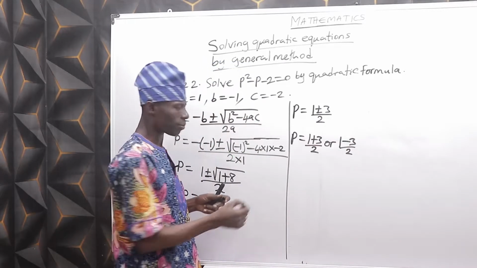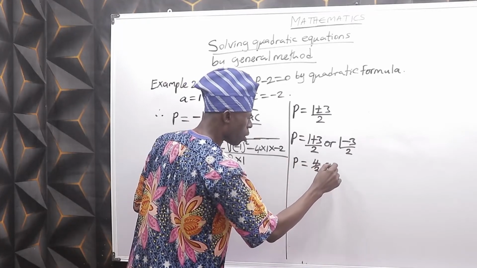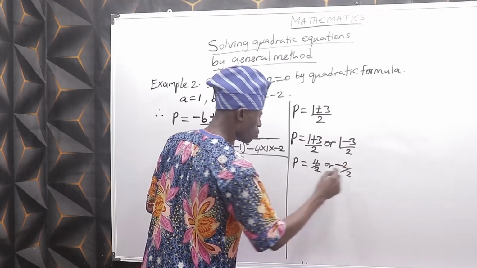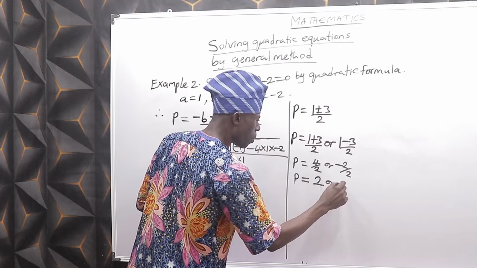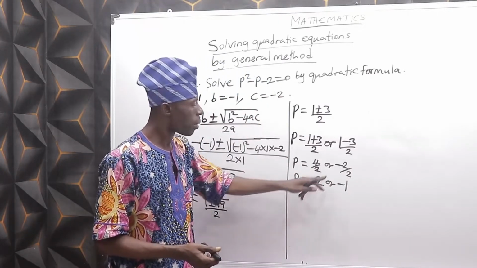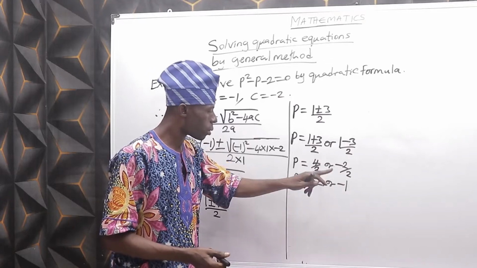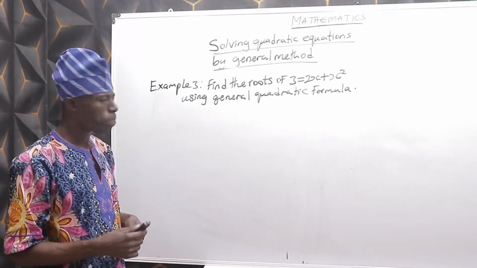Do you understand? P is equal to 4 over 2 or minus 2 over 2. And now, finally, p is equal to 2 or minus 1. 4 divided by 2 is 2. Minus 2 divided by 2 is minus 1. That is the end.